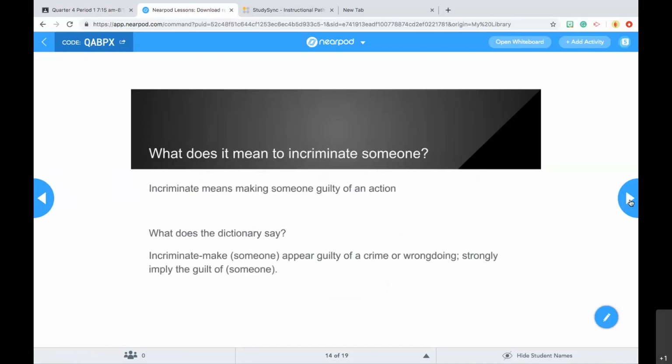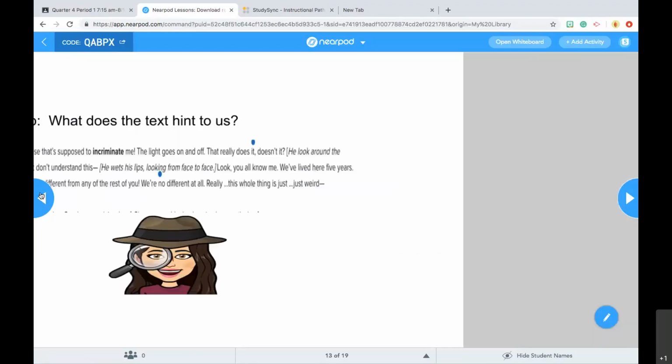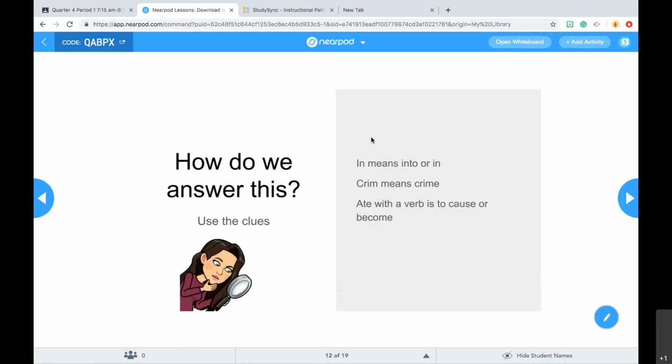So what does it mean to incriminate someone? Incriminate means making someone guilty of an action. That would be in my own words, right? Because I used my clues: we have the in, which means into or in. Crim means crime, so I think guilty when I think crime.